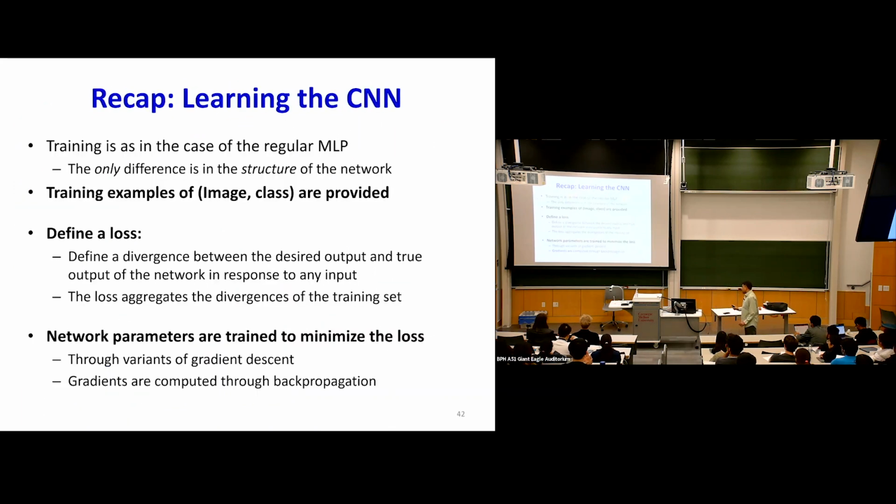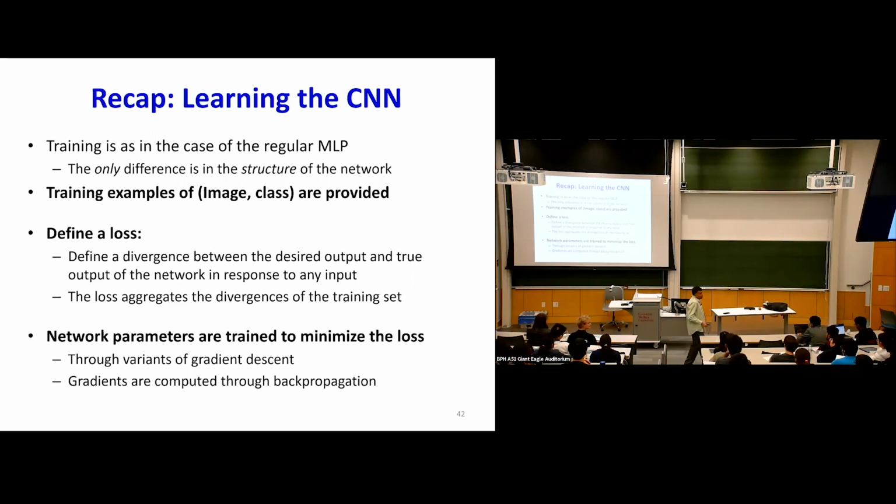Now, training is, as in the case of a regular MLP, the only difference being the structure of the network. The training examples are provided where each training instance is a data instance and the class. So if you were performing, say, face detection, or recognizing faces or objects, you would have a collection of images of the objects and the class ID.